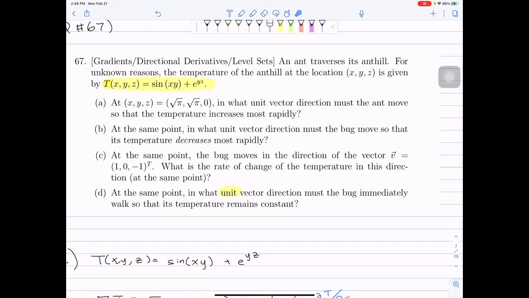We want D_u f to equal 0. What is D_u f? D_u of T is the gradient of T times some vector. The gradient of T, we know, is negative square root pi, negative square root pi, square root pi. We want to find the vector so that this directional derivative is 0. So some vector a, b, c. We don't know what it's called yet.